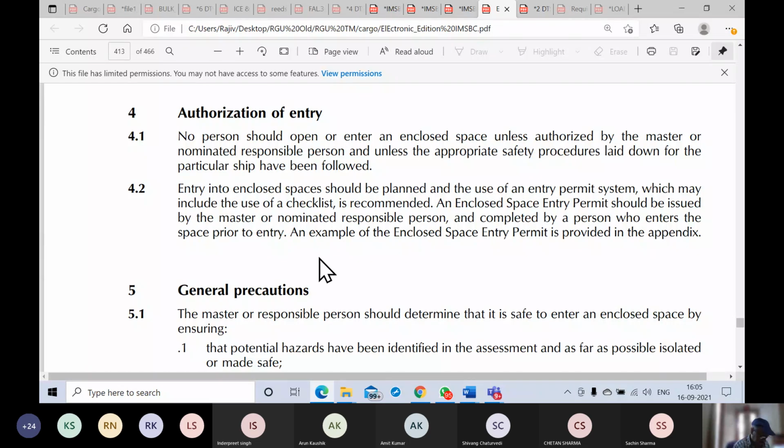Yes, sir. Okay, now after the entry has been made, this particular person who has gone into the enclosed space requires help. He has signaled for help. Now, is the enclosed space entry form going to be filled up again for the rescue party? Sir, his name should be mentioned over there with signature and the time of entering.